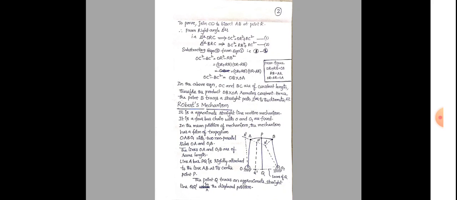Because from the figure, OR plus RB is equal to OB. That is one thing. And RB is equal to AR from the figure. Then OR minus AR is equal to OA. These are the three things which we can list out from the figure.